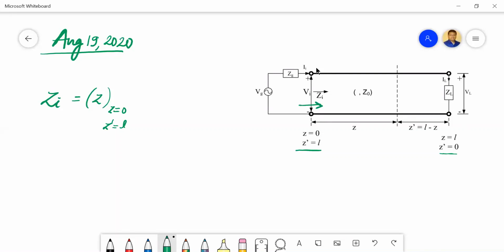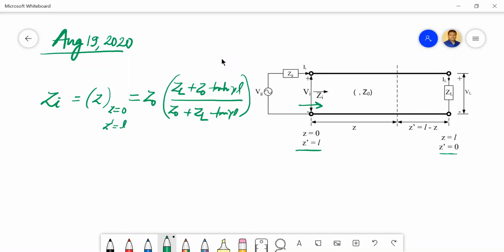The impedance is derived as, if you remember, Zi equals Z naught times (ZL plus Z naught tanh gamma L) divided by (Z naught plus ZL tanh gamma L). So this was the input impedance.